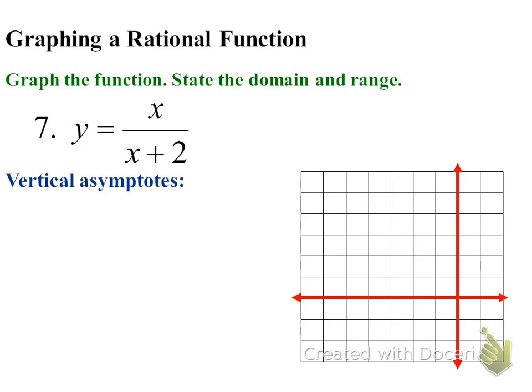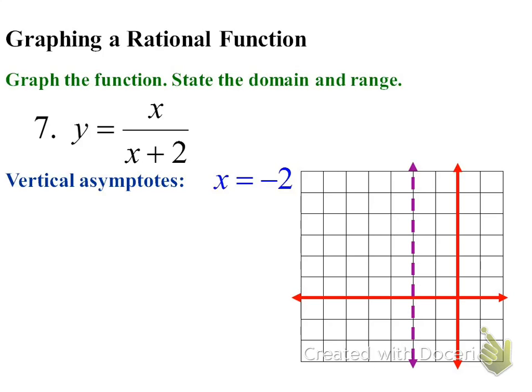The vertical asymptote is whatever's going to turn the bottom into a 0. Negative 2. It's a vertical line, so it's an x equals negative 2. If you want to write out the center part like we did last time, you can. I'm just jumping right into those asymptotes, though, just because they're a little harder to find now.